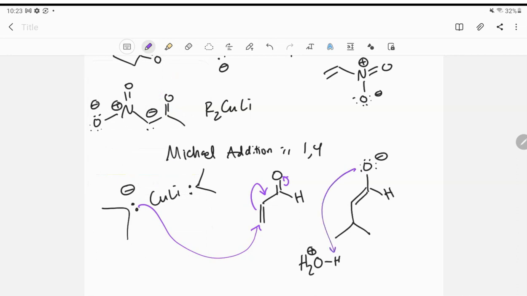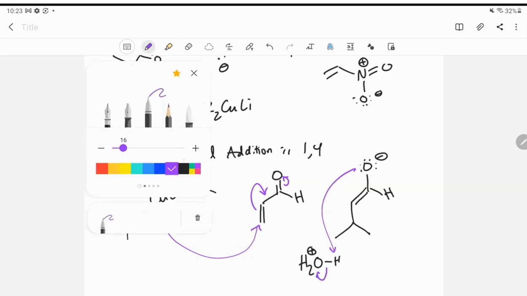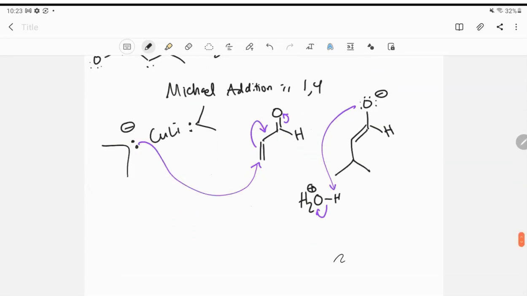Guess what? Our enolate does our favorite thing. It grabs the proton. So we end up with the enol.